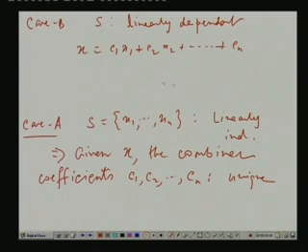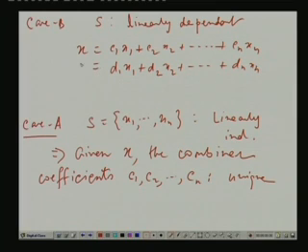Given any x, you already have such a combination, but now additionally you are given the fact that S is a linearly dependent set, which means you can find some coefficients D1, D2 like that, D1 x1 plus D2 x2 plus dot dot dot Dn xn, and equate to 0, where all the coefficients D1 to Dn are not 0, because it is a linearly dependent set. So, some coefficients at least one or more than one will be non-zero. So, I write that equation here as a second equation.